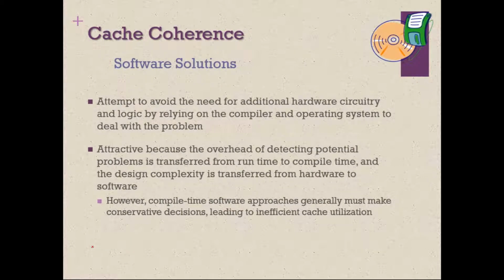Before that, I want to share a small piece of information. If you refer to the dictionary, coherence means consistency. It is not inconsistency. But we say cache coherence problem. In computer science the term may be used in a different way, but you have to understand it properly. Here, cache coherence means the cache creates an inconsistency problem.